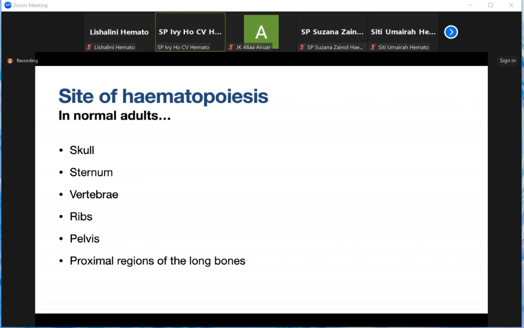The sites of hematopoiesis in normal adults are in the skull, the sternum, the vertebra, the ribs, pelvis, and of course the proximal regions of the long bones. But the most accessible one where we normally do our bone marrow Trephine from is the pelvis.